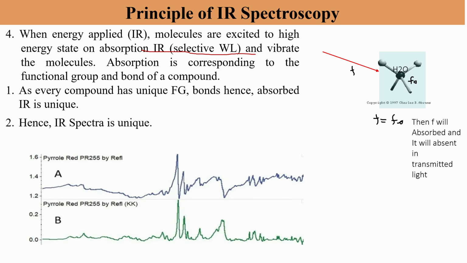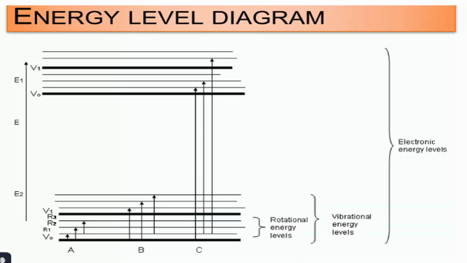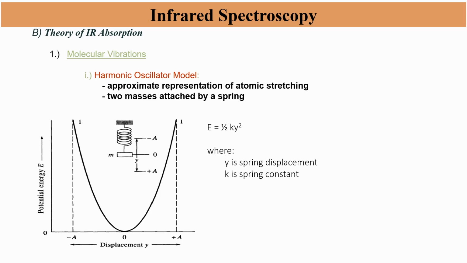So this is the IR spectra of two compounds A and B. I have told you that if the incident frequency F is equal to F0, where F0 is the frequency of vibration of these molecules, then absorption takes place. Otherwise, the sample will not absorb any wavelength.